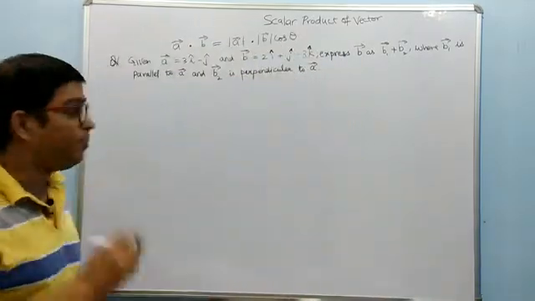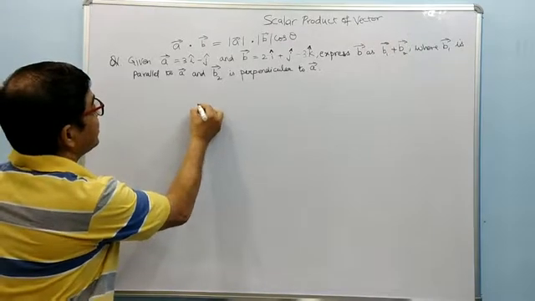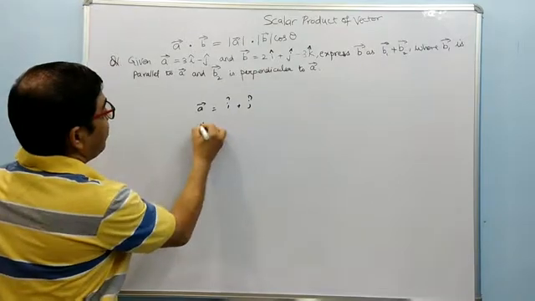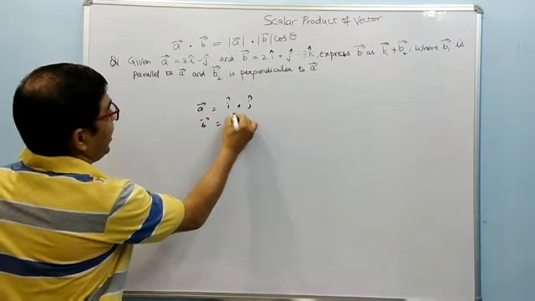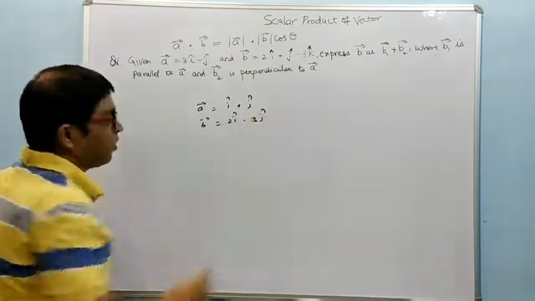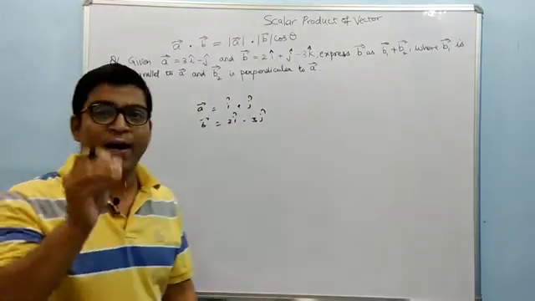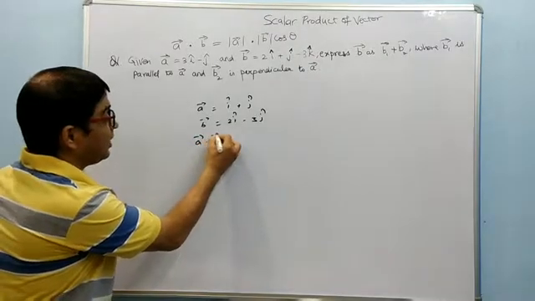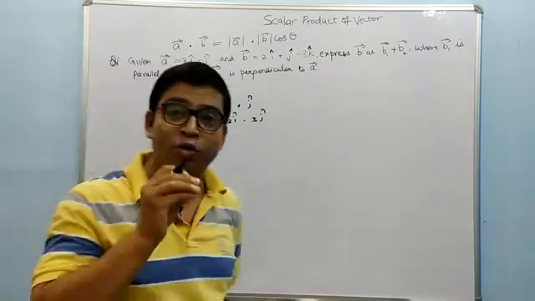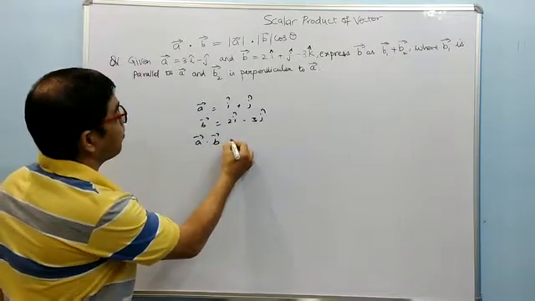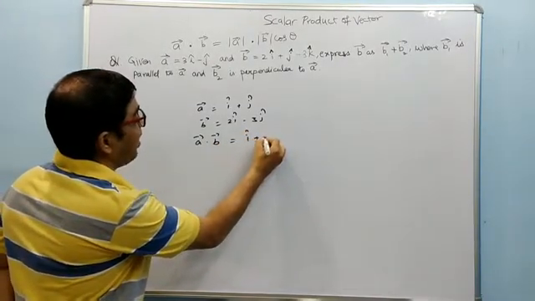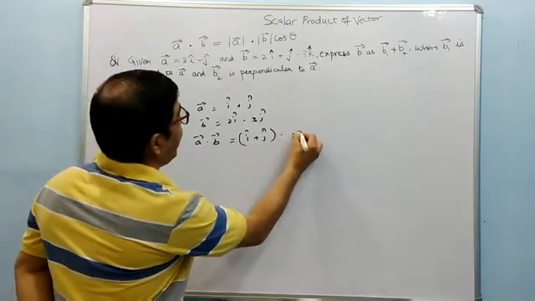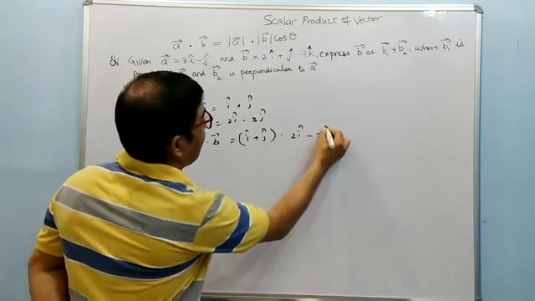Just one example I am taking. Vector A is i cap plus j cap, vector B is 2i minus 3j. We can easily find its dot product, and you will see that the result comes out to be a scalar. See how? This is (i cap + j cap) dot (2i cap minus 3j cap).